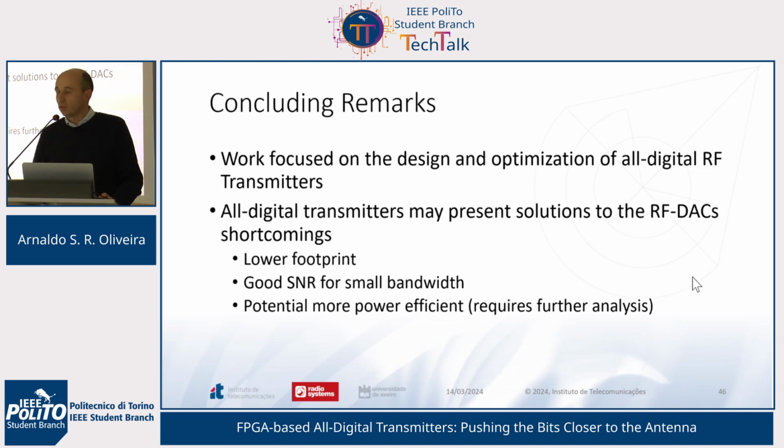They have a lower footprint, they provide good signal-to-noise ratio for not very high bandwidths, and they are, as I already mentioned in the beginning, potentially more power efficient. But again, this requires more study, and in particular, it requires putting together the entire chain, the all-digital transmitter, the filter, the amplifier, and measuring all together.